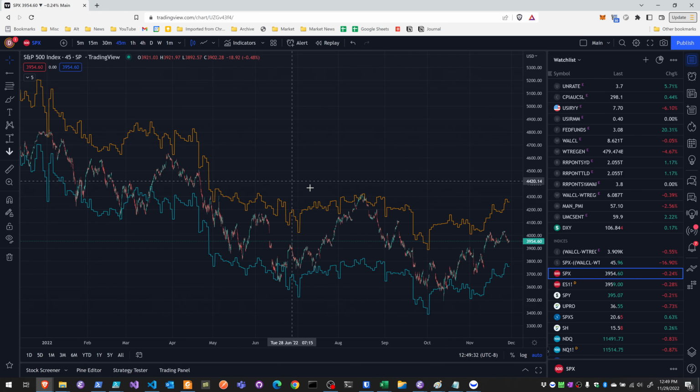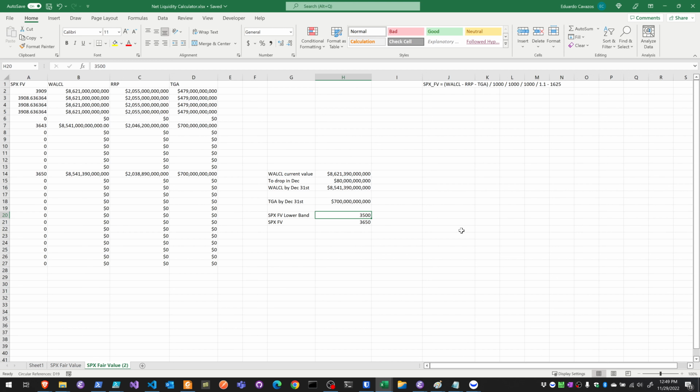If you look at the way the indicator is written, the lower band is basically 150 from fair value. So right here I'm saying SPX fair value lower band, let's say we want it at 3,500, so that will put SPX fair value at 3,650. Okay, so we know the Fed balance sheet current value, right? We'll put that here.